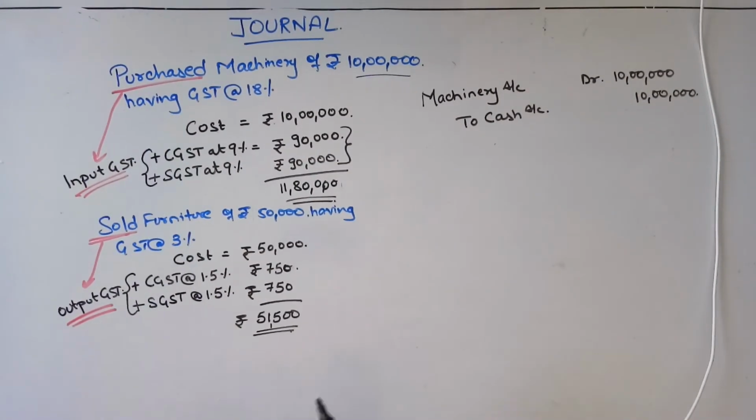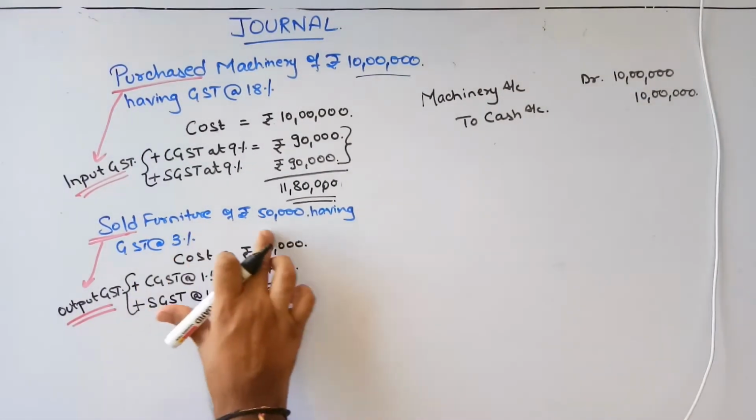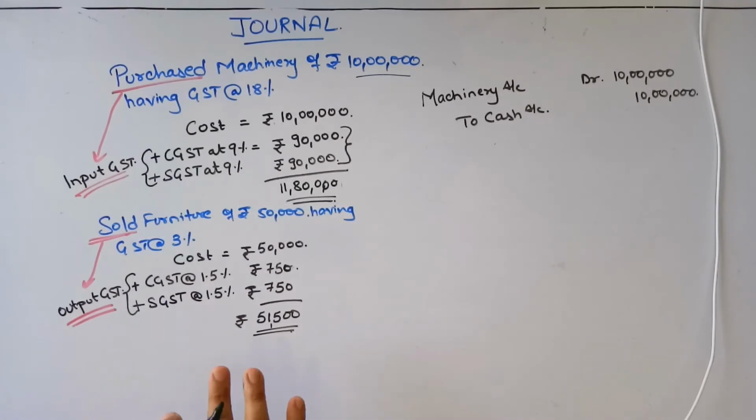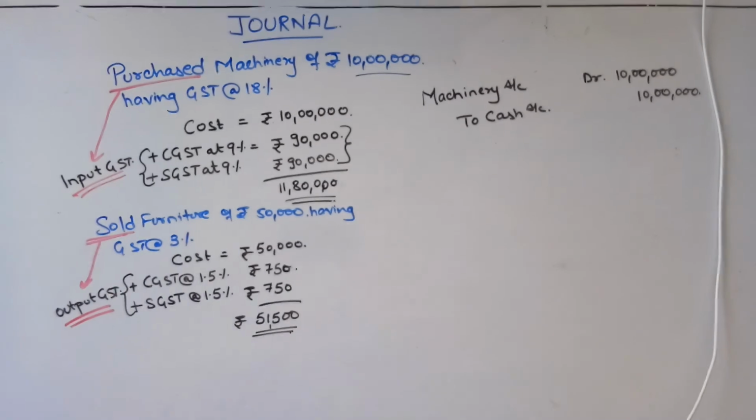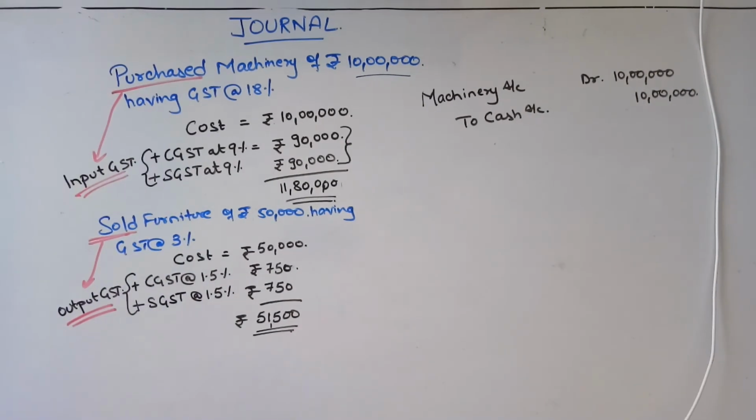Okay. In the second scenario, sold furniture of rupees 50,000. Nothing, no GST. Ignoring the GST, I have just sold the furniture of rupees 50,000. What will be the entry over here? Furniture is being sold, so furniture is going out. What is coming in?